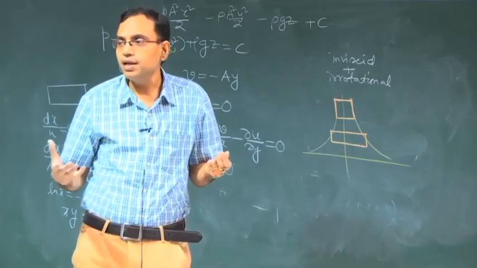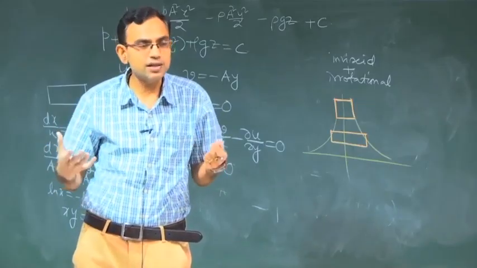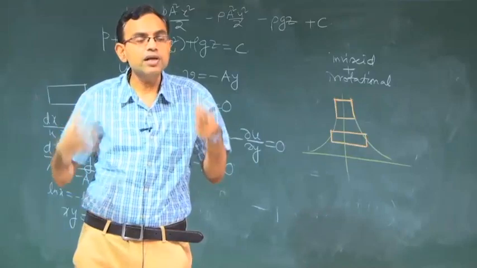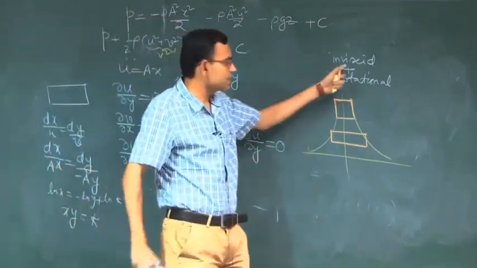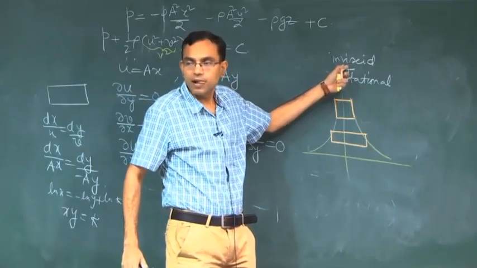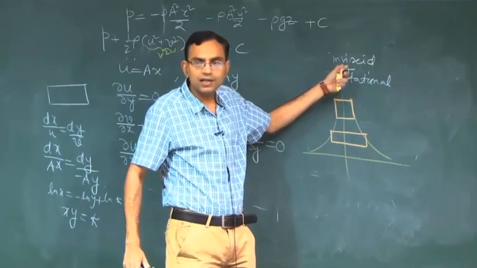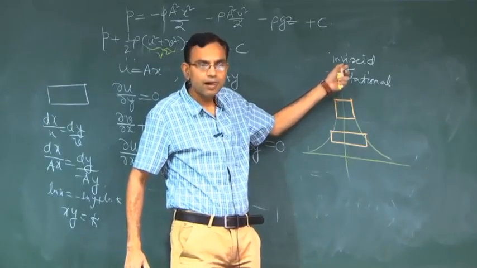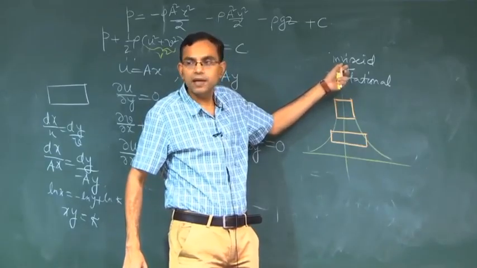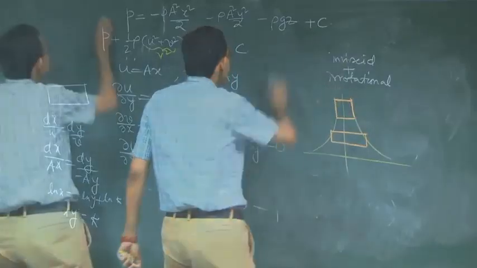Yes, that is possible, and there are certain factors which can make an irrotational flow rotational. One of the clear factors is viscosity. So we will first learn what the factors are which can make an irrotational flow rotational and explain why that happens.